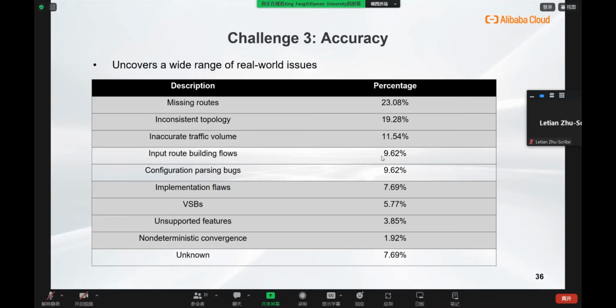Yeah, I'm still curious. Even if we use a really formal way to automatically find the erroneous configuration, is there still a need for the operator to check the configuration again or do the validation?